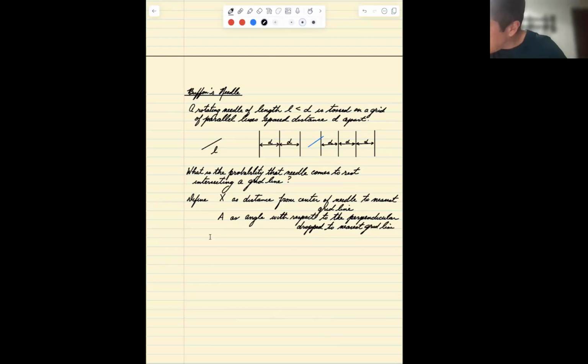So in this example, here's the center. Here's X. And the angle here is A.